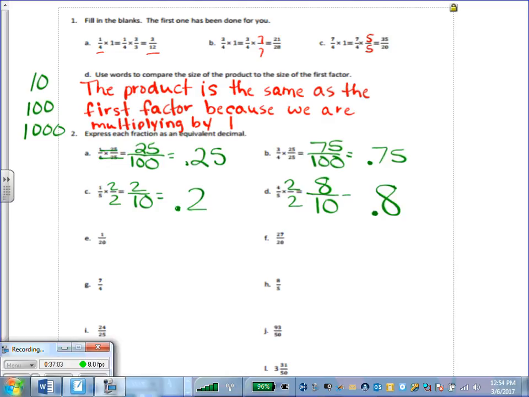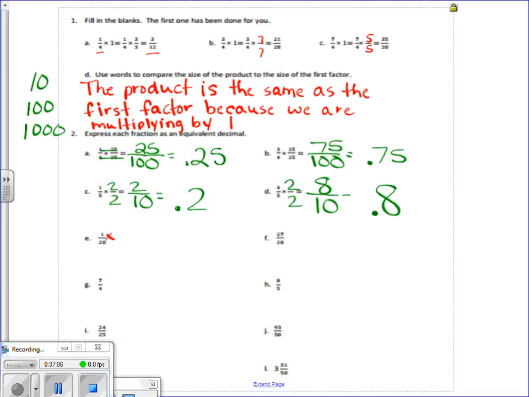So 1/20 times something equals something that will turn into a decimal. So we're looking at what power of 10 will 20 become? Can 20 become 10? No. So will it become 100?